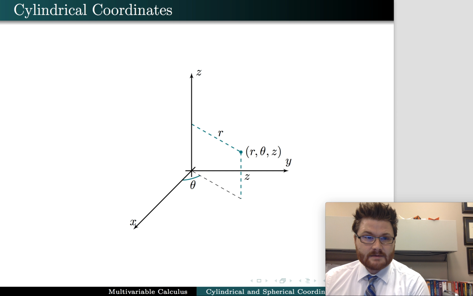So cylindrical coordinates are r, theta, and z. The r and theta are just like in polar coordinates. And then the z just gives us the height. And again, theta can range anywhere from 0 to 2 pi, and with these 3 numbers, we can describe every point in 3-dimensional space.